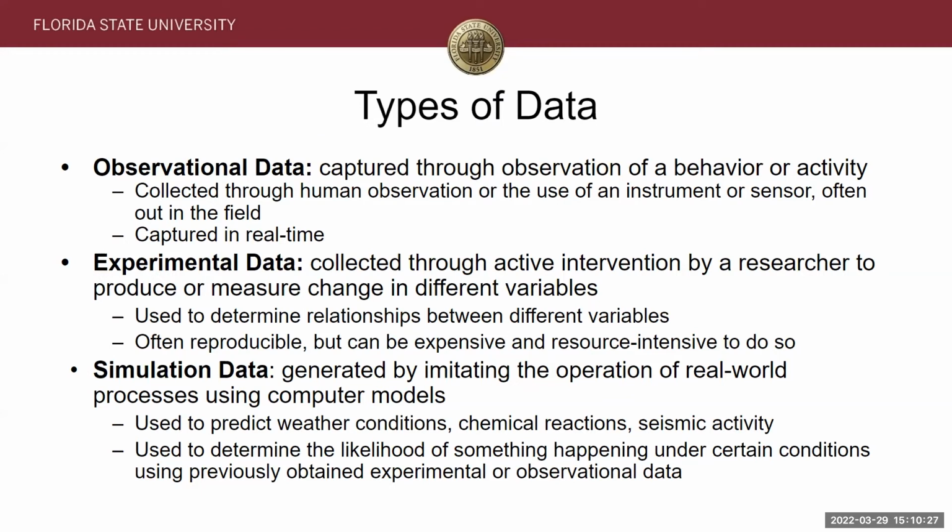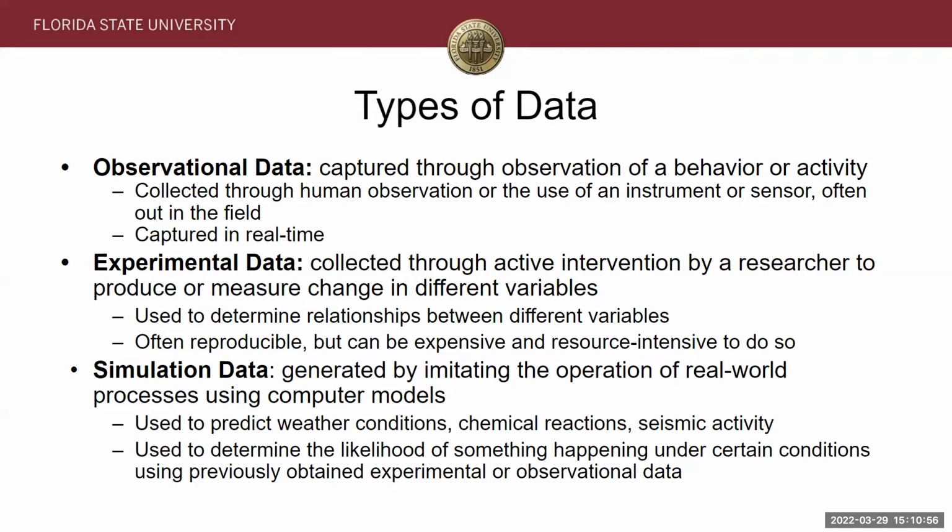Observational data is captured through observing some sort of behavior or activity. It's usually collected using instruments or sensors, or even just the human eye. A lot of times if you're collecting field data and putting sensors out in the field, you're collecting data over a period of time.